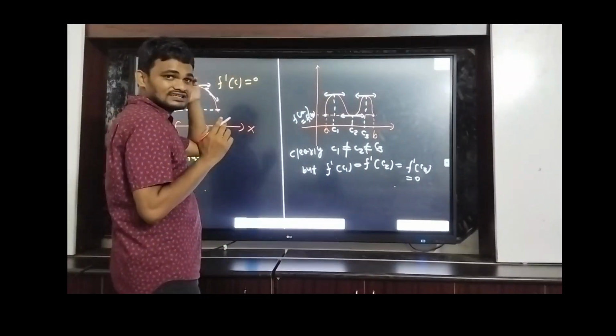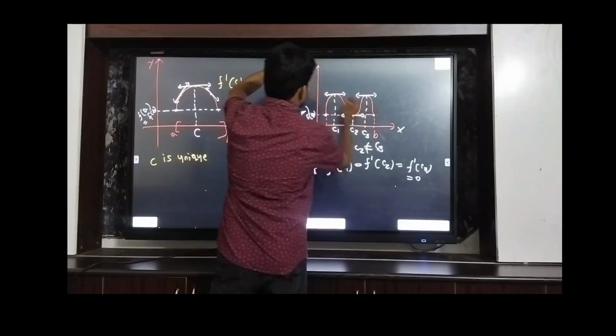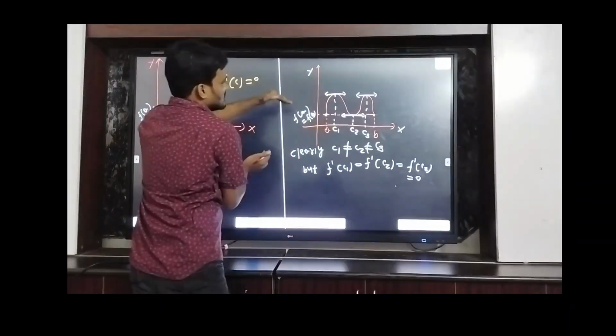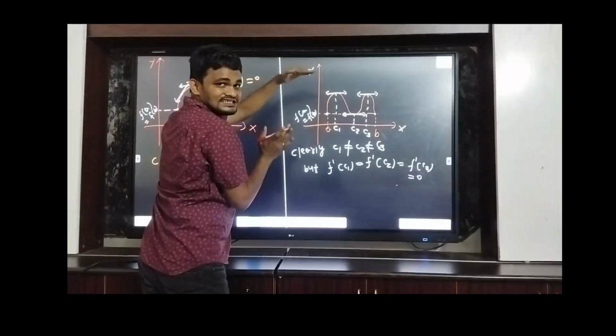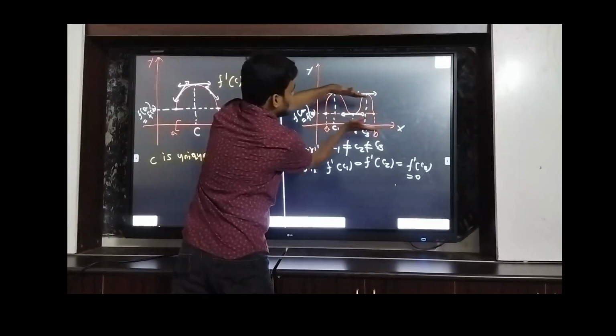So we can observe from this graph, this is our x axis, this is our y axis, there exist three unique tangents which are parallel to the x axis.